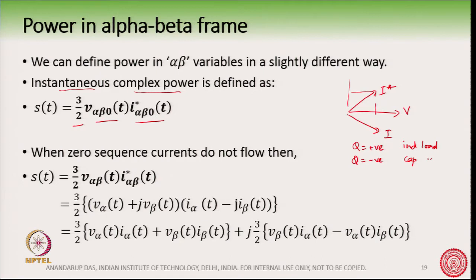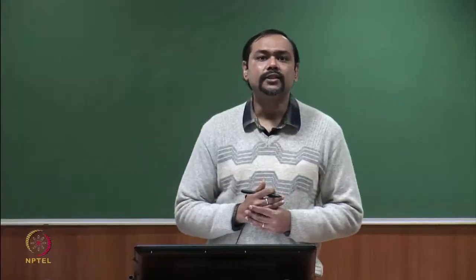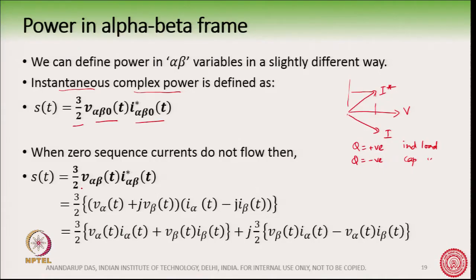So, here S t is also 3 by 2 V alpha beta 0 t I alpha beta 0 t star. So, suppose the 0 sequence current is not flowing. So, we will say that S t is 3 by 2 V alpha beta t I alpha beta t star. The 3 by 2 factor comes because we want to keep the power same in both the alpha beta and the ABC.